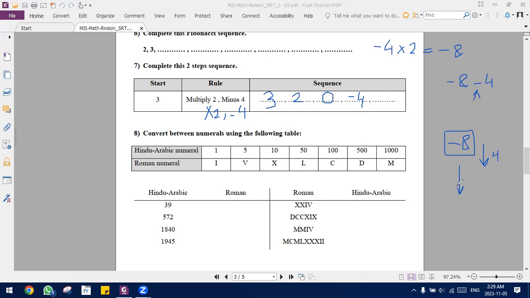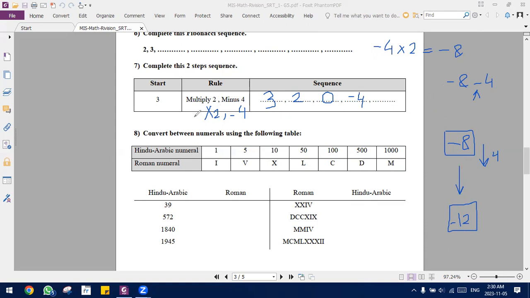So we count after 8, 4: after 8, 9, 10, 11, 12. So it's 12, but I'm already down. So it's minus 12. It's not normal 12. For a normal 12, I should go up to reach the 0 and then continue.